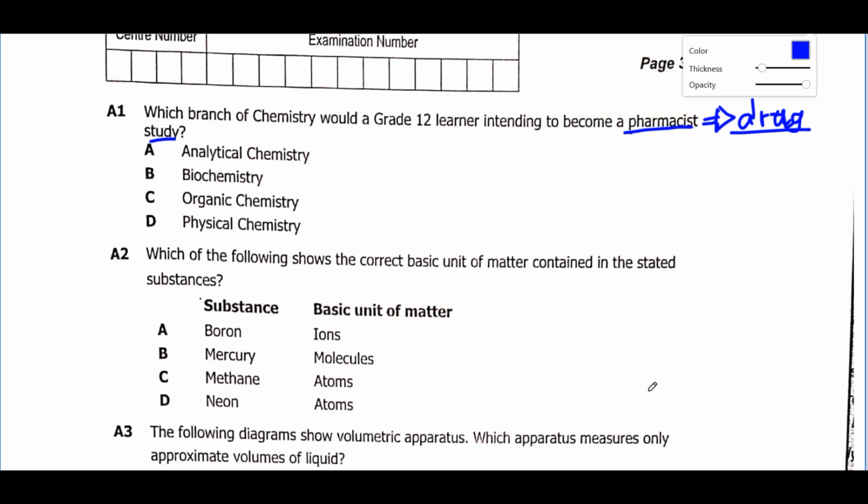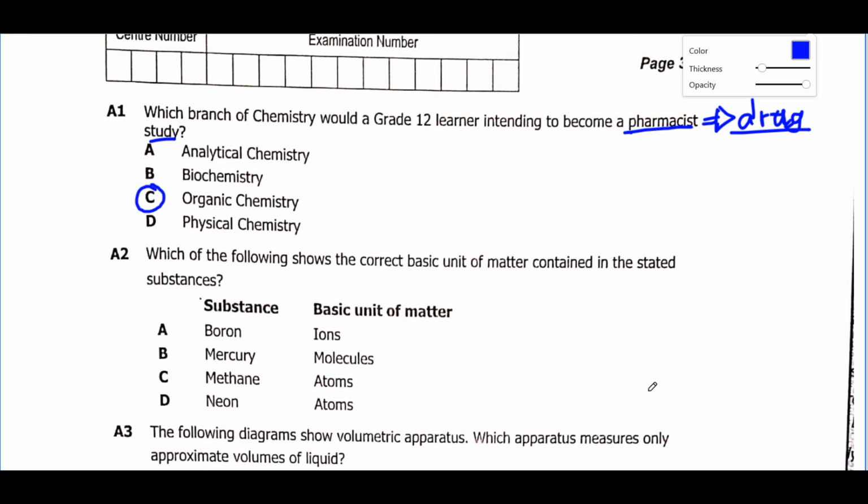Now we have analytical chemistry, biochemistry, organic chemistry and physical chemistry. You need to know these branches of chemistry. The best one to deal with pharmacists, since we are looking at the structure, formation, and how elements are bonded to each other, is organic chemistry.